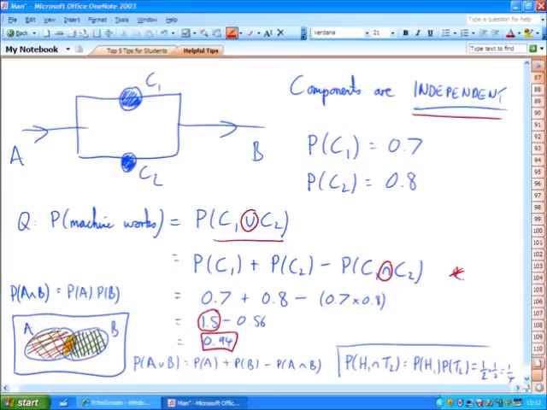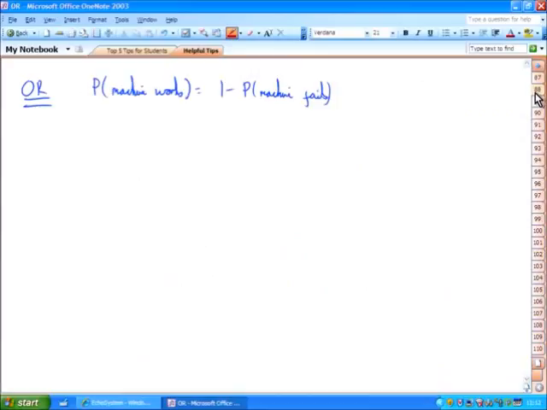Namely that it's either component, this here, C1 union C2, one or both components, as given by the probability of C1 plus the probability of C2 minus the probability of the intersect. So over here we had 3 probabilities to consider. If I use this approach, I only need to consider one probability.